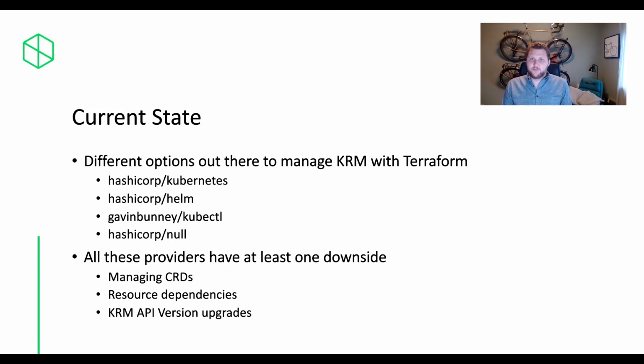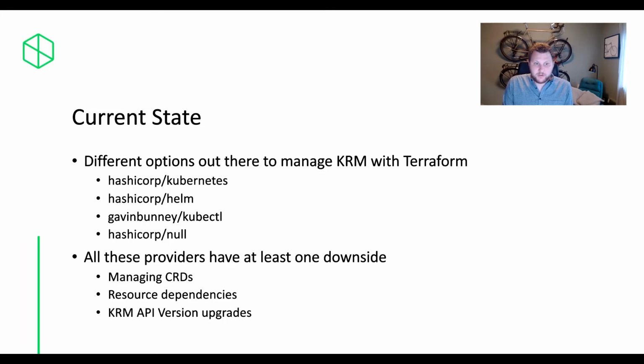A typical use case might be that you were deploying a governance tool like OpenGatekeeper or Kyverno into your cluster, which enforces some sorts of rules to other resources that you're creating. In those scenarios, you want to make sure that your governance tool is running and is healthy before anything else is applied. And then the third downside that might occur is that API versions of your resource model might cause breaking changes where Terraform will force recreate the resource.